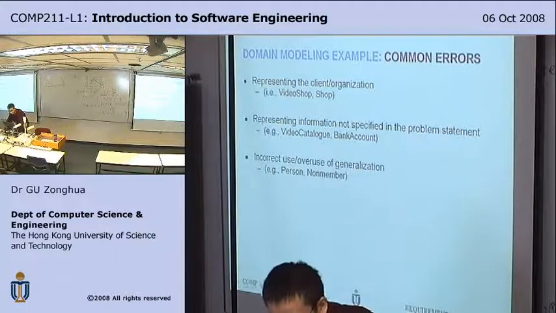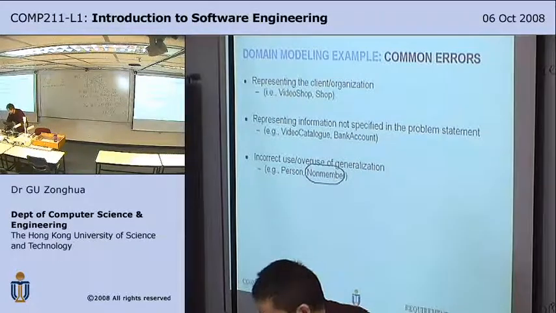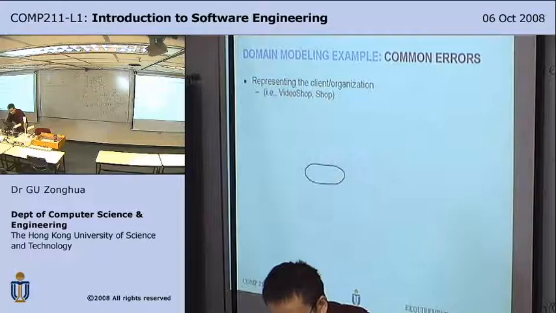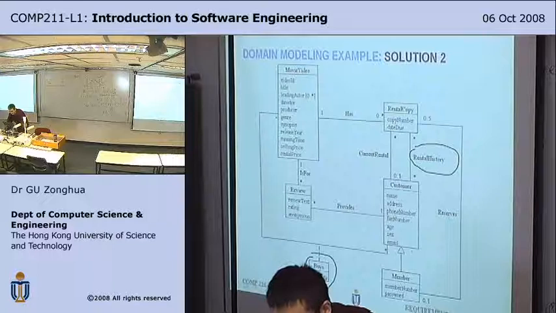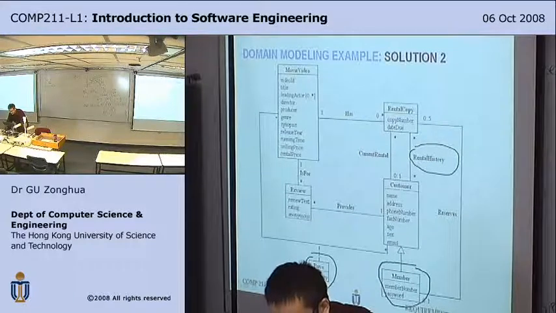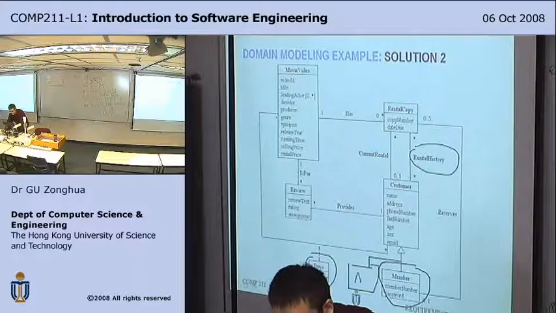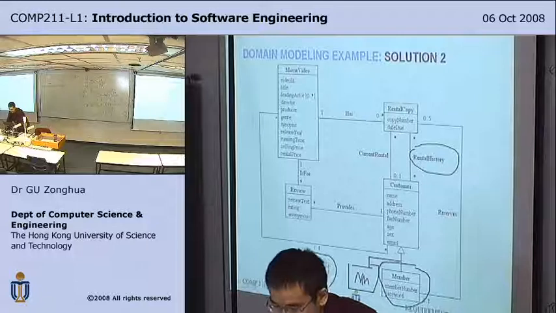Incorrect overuse of generalization. Non-member is a common mistake. In the class diagram, you have an inheritance, a generalization relationship. A member is a special customer, but if you add a non-member to the inheritance hierarchy, then it'll be empty, right?